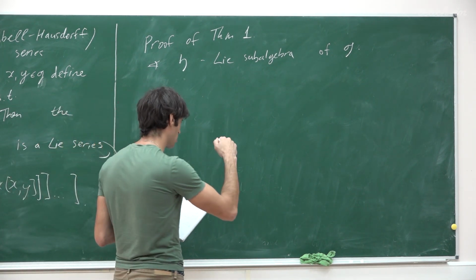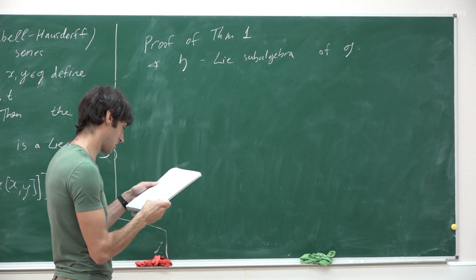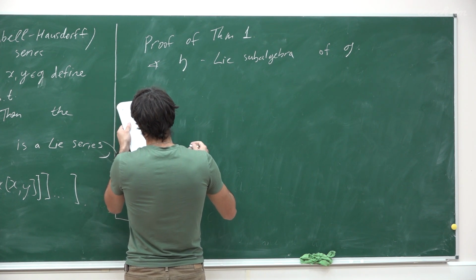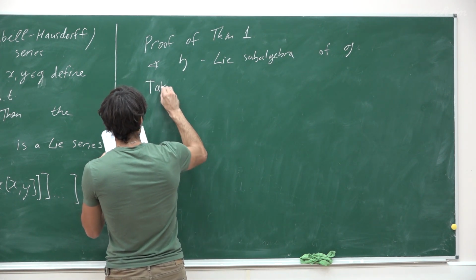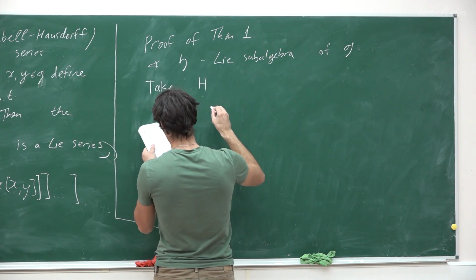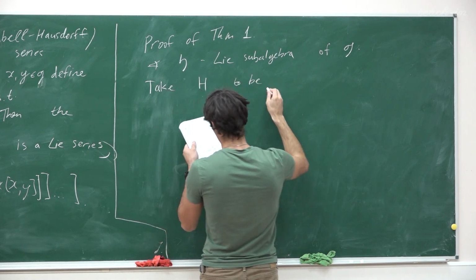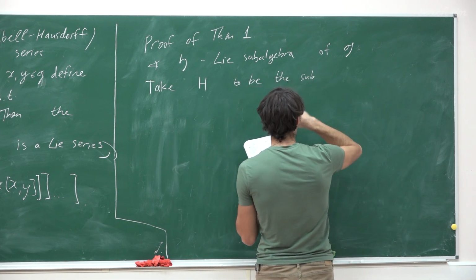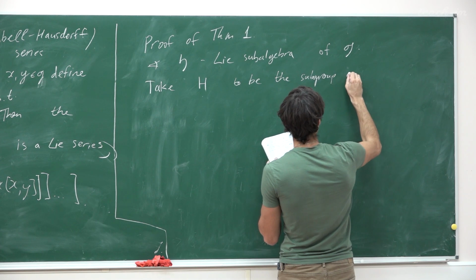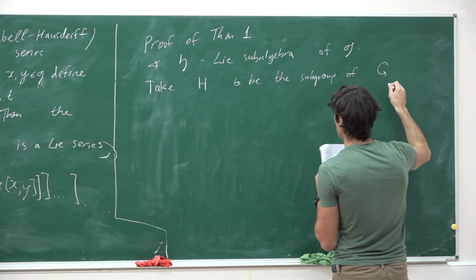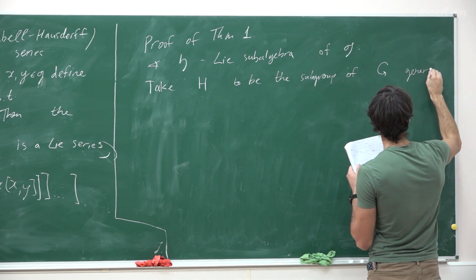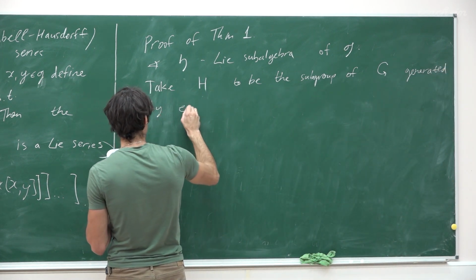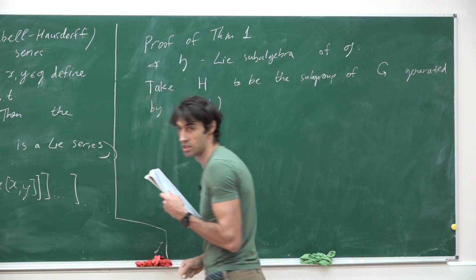And I claim that this subgroup is what I need, but I need to introduce a Lie group structure there. So take H to be the subgroup. This is just some abstract subgroup of G generated by exp of 𝔥.